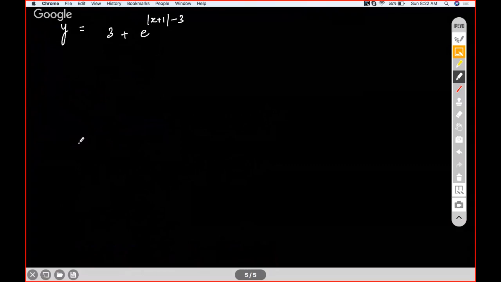So basically, what you're doing is you're shifting it 3 units to the right, and you're also shifting it 3 units up, because now you're taking y minus 3 into consideration. So y minus 3 equals e to the power x minus 3. So you're shifting it 3 units up.